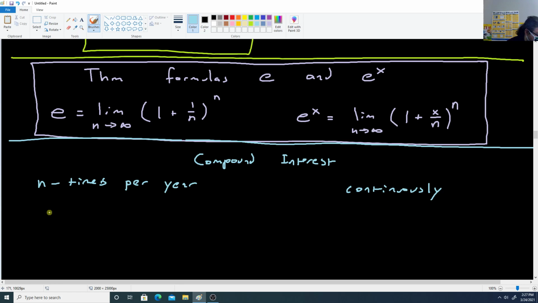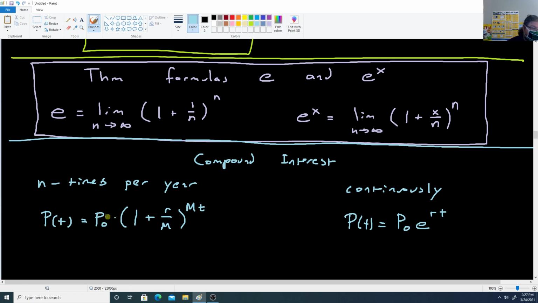For n times per year, the equation is P of t equals P naught times 1 plus r over m, all that to the m times t. And continuously is P of t equals P naught e to the rt. So these are our two equations.